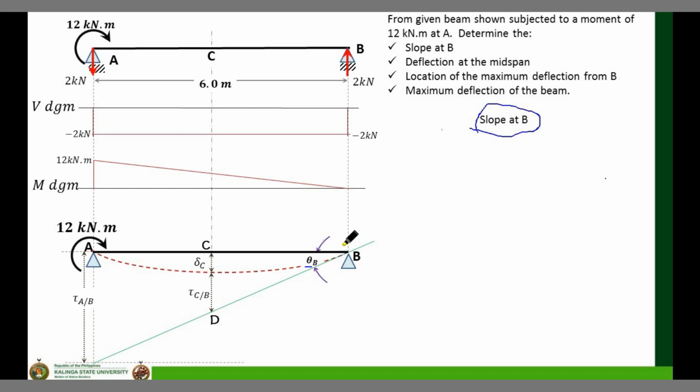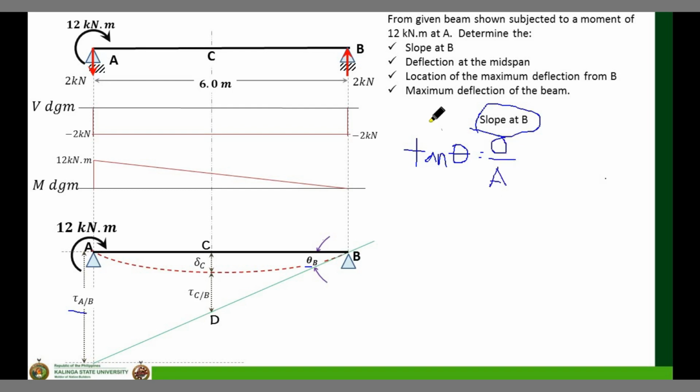If you try to review your trigonometry, if this is theta, ang opposite nito ay si deviation of A over B. And ang adjacent nito ay yung distance na 6 meters. If you try to go back to your trigonometry, ang function na maiisip ko is the tangent, right? Anong sabi sa tangent? Di ba during your lower years, tangent theta is equal to opposite over adjacent.